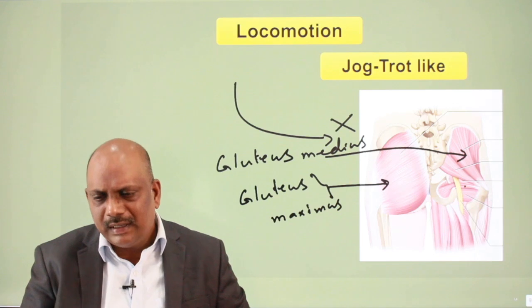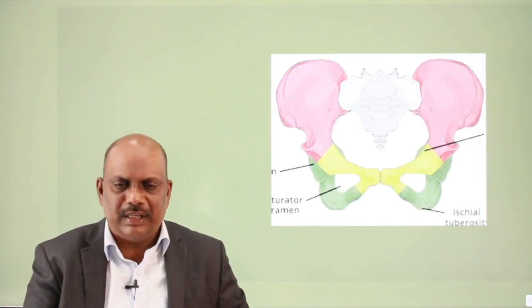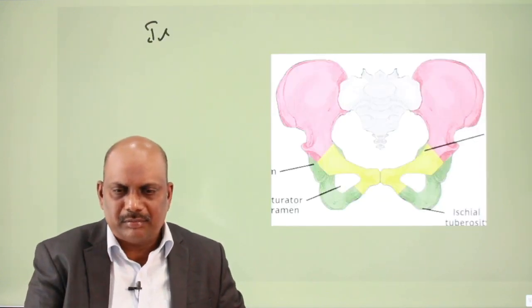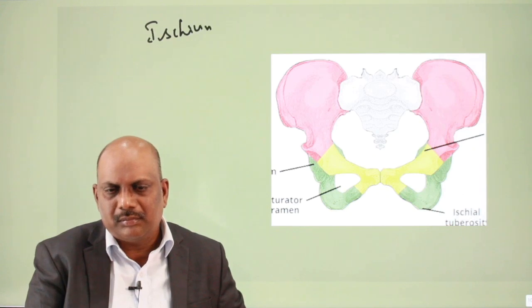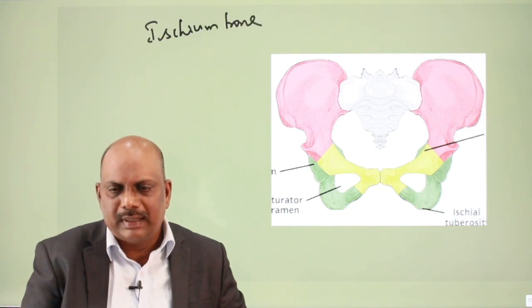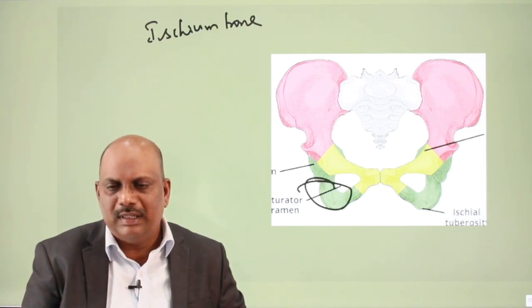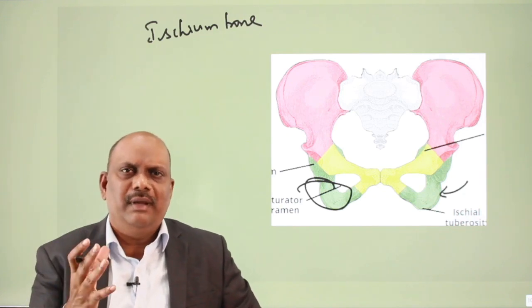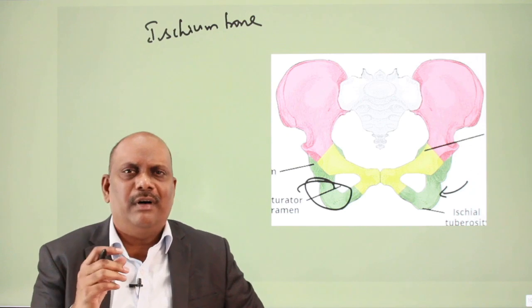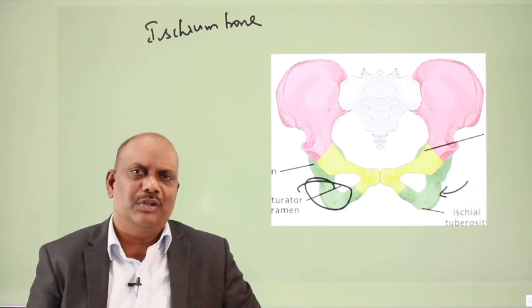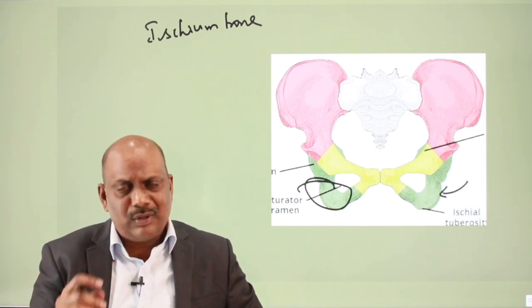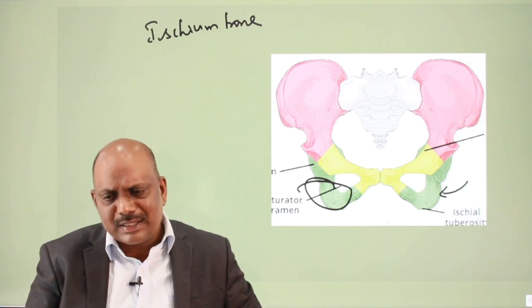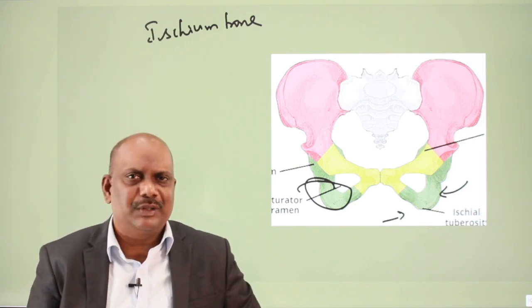And one more thing, the ischial tuberosity or the ischium bone. This is the ischium bone, the one in the green color. This bone generally used to be very long for animals with quadrupedal locomotion. But for Australopithecus, this bone still remained very large.